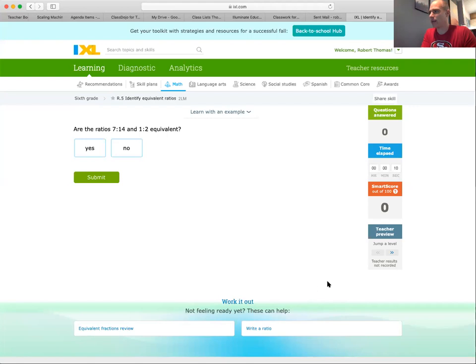So let's see here. I'm going to write on the screen here. I like to write my ratios as fractions. There's multiple different ways to write ratios, but for me, I want to think of 7 to 14 as, why isn't this working? It's coming up saying something that my pen, I'm trying to use my pen, it's not working. Hold on, give me a second.